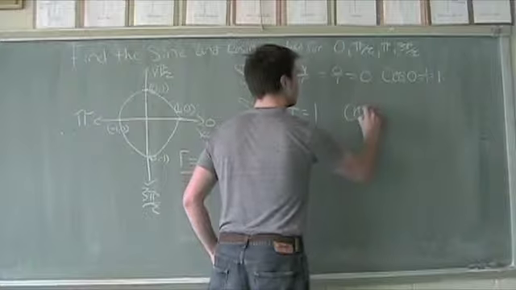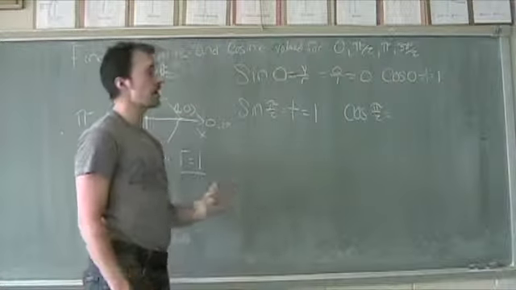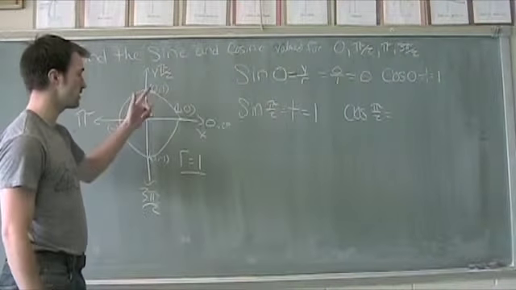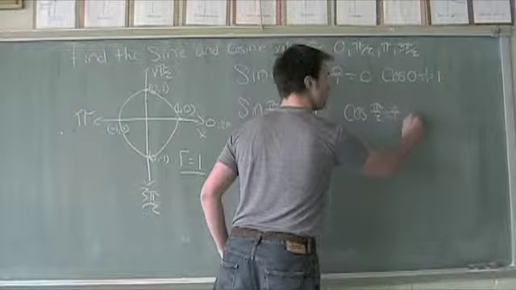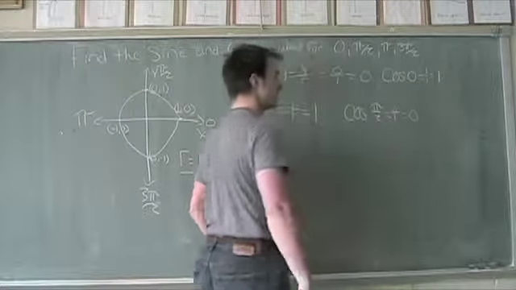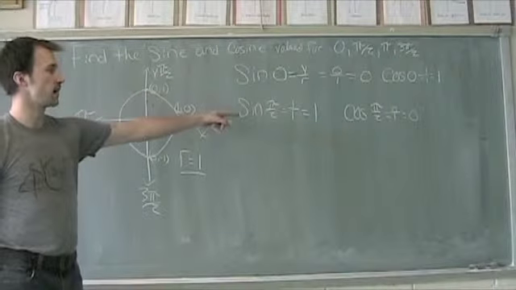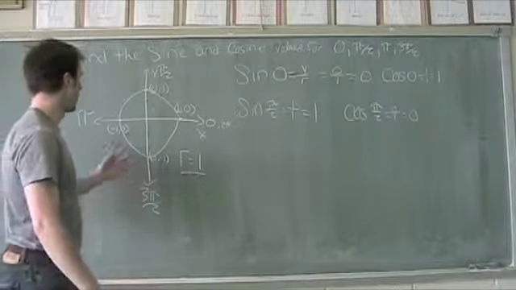The cosine at pi over 2 is our x value divided by the r value. We moved nowhere on the x, so we've got a value of 0, divided by the r value of 1. 0 divided by 1 is 0. So at pi over 2, we have a sine value of positive 1 and a cosine value of 0.